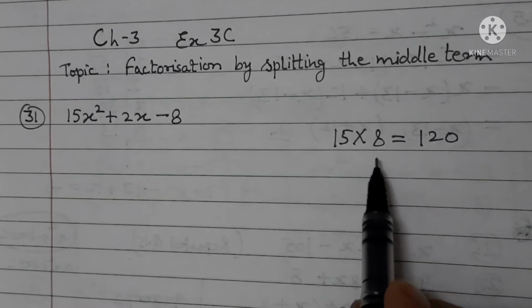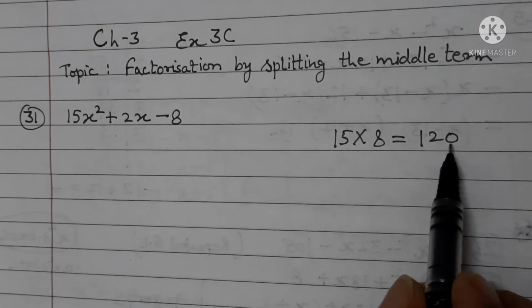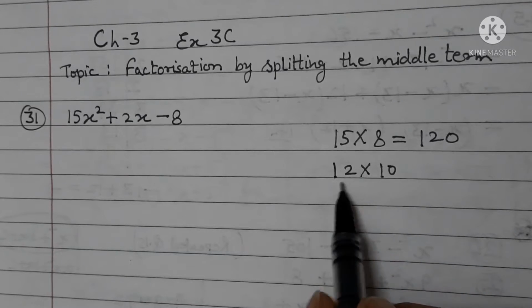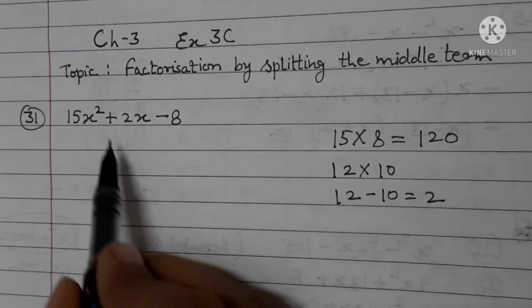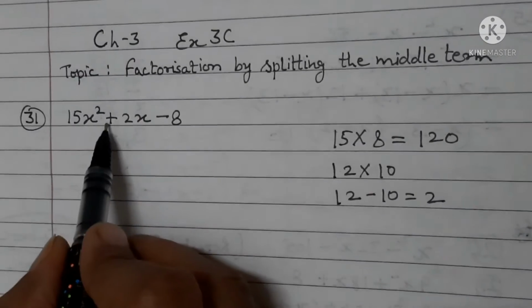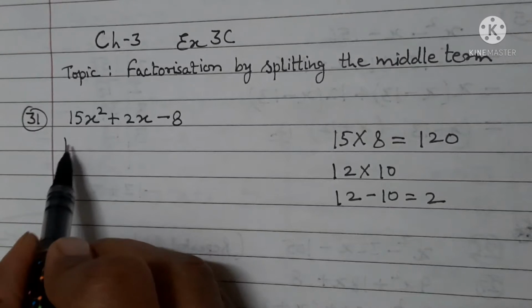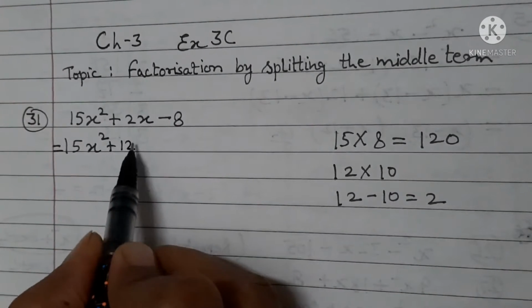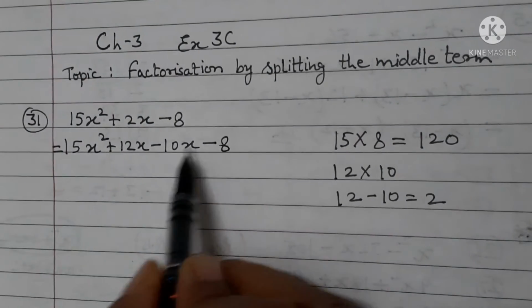Now this 120 you can write as 12 into 10, and these are the two parts: 12 minus 10, so you will get 2. Here plus 2, so you can write +12x − 10x. Now solve it: 15x² + 12x − 10x − 8.